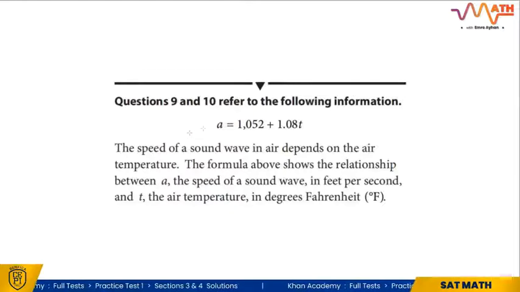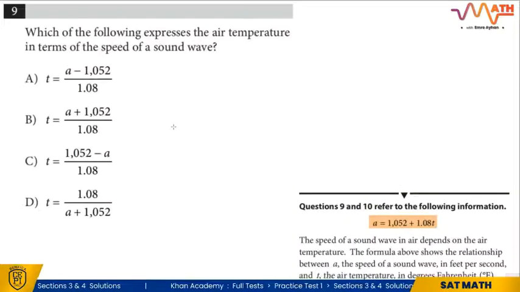Questions 9 and 10 refer to the following information. The speed of a sound wave in air depends on the air temperature. The table shows the relationship between A, the speed of the sound wave, in meters per second, and T, the air temperature. So let's look at the questions. Which of the following expresses the air temperature in terms of the speed of the sound wave?